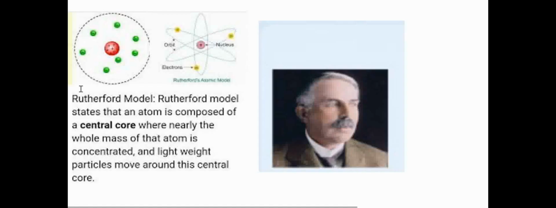He is famous for his Rutherford model, which modelled the atom with its electrons. The mass of the atom is concentrated at the center, which is the nucleus, and consists of protons and neutrons, and lightweight particles move around the central pole, that is, electrons.